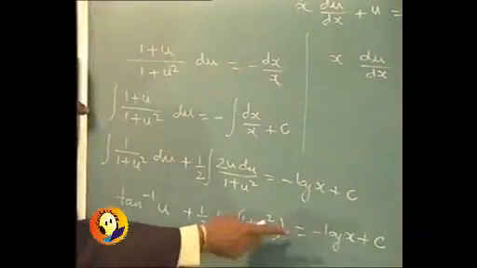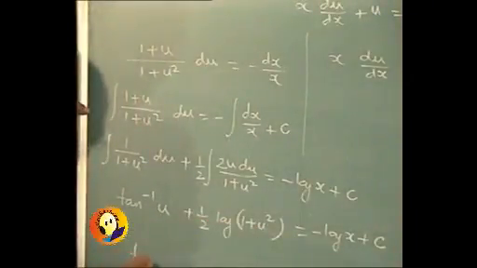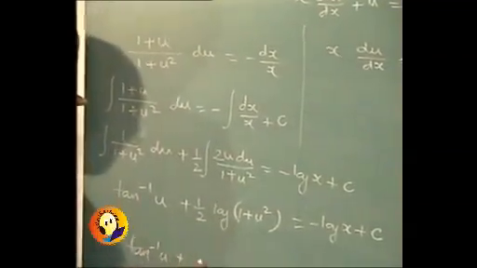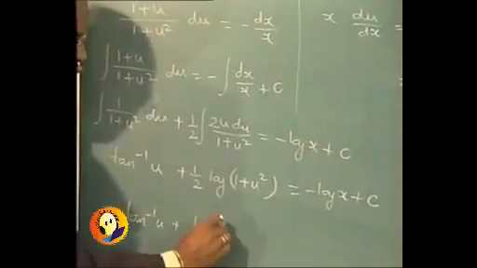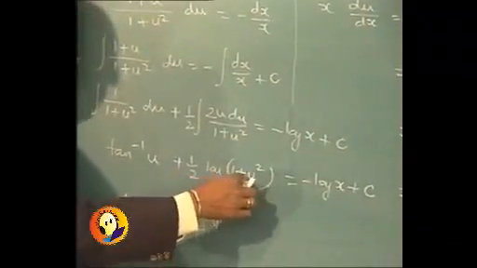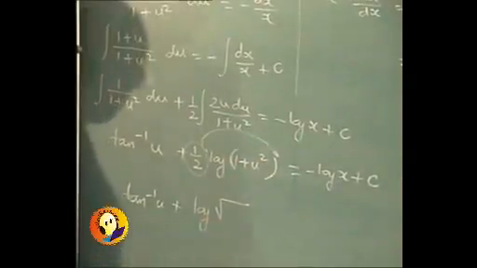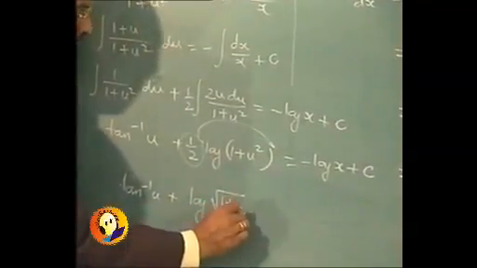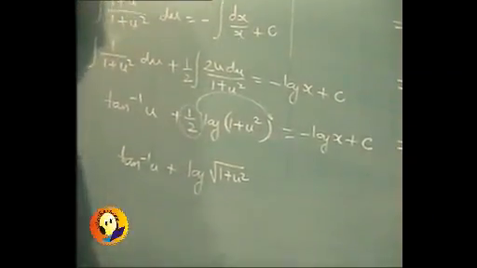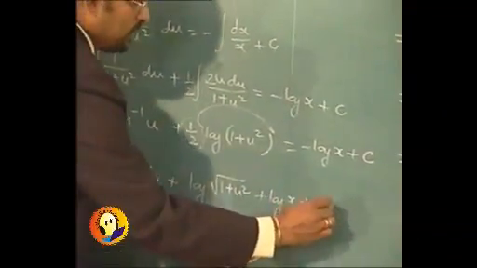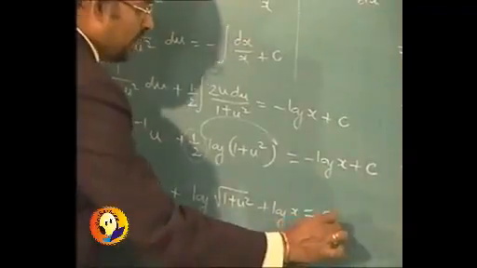We can collect these two log terms, so it will be tan inverse u plus half log of 1 plus u square. This half can be transferred as the power, so it will be log of under root of 1 plus u square plus log x equal to the constant of integration.